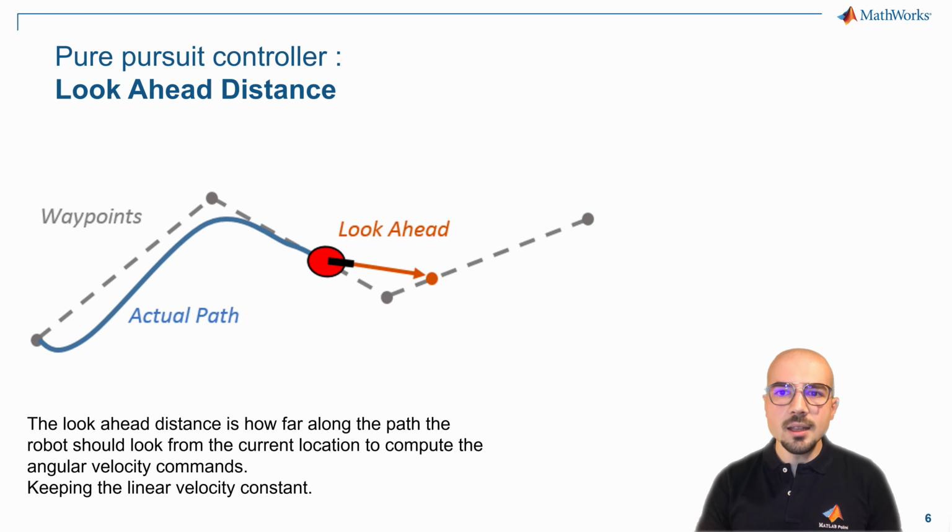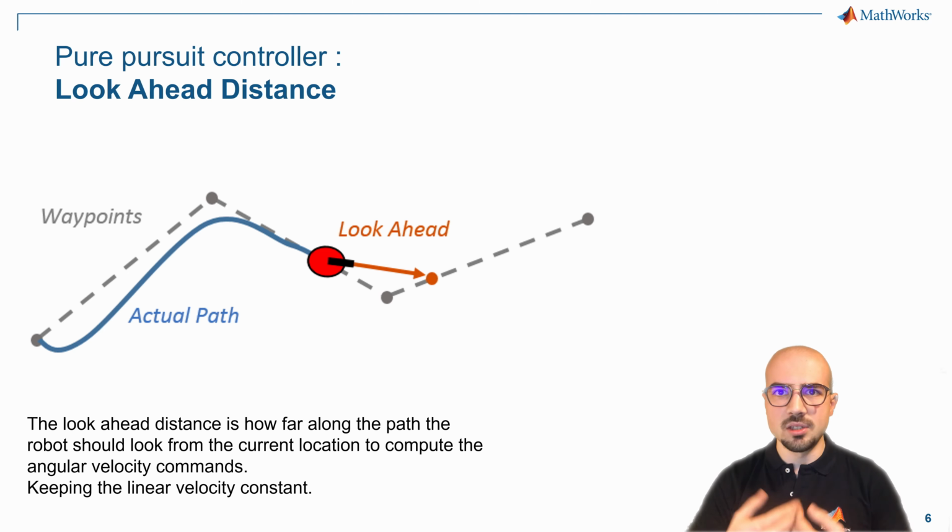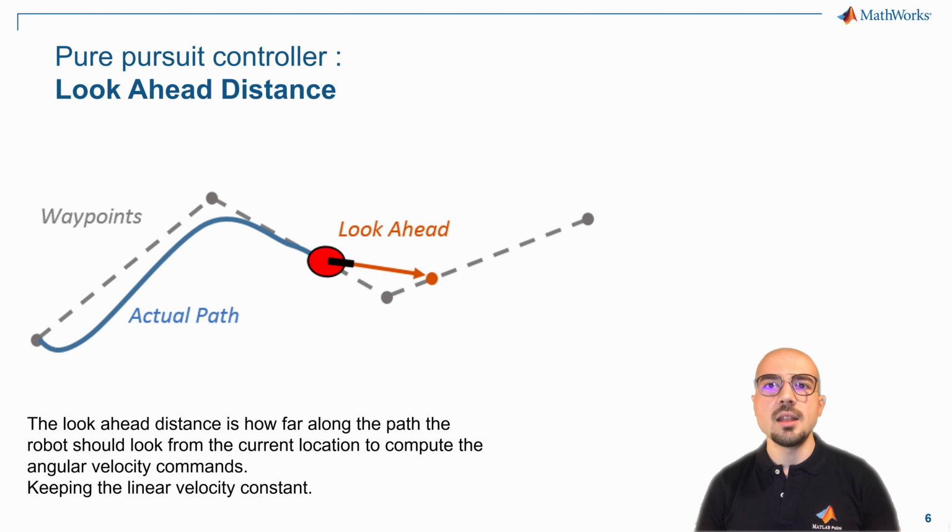As you can see in this slide, the robot in red points to a look ahead point, the orange one, and tries to reach it. At each time step, so each time the program evolves, it computes a new position, and so a new control action.